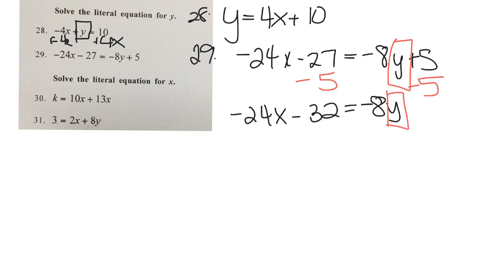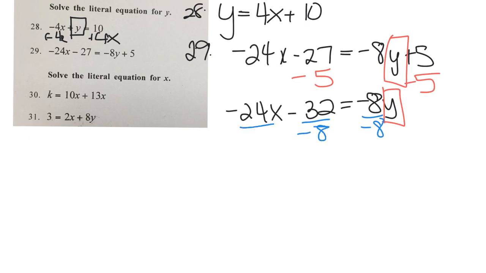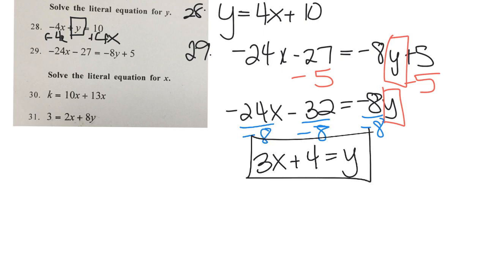Still working on getting y by itself, so that's negative 8 times y, so I'm going to divide by negative 8. And we get 3x plus 4, negative makes positive, equals y. And that's my equation in terms of x, solved for y.